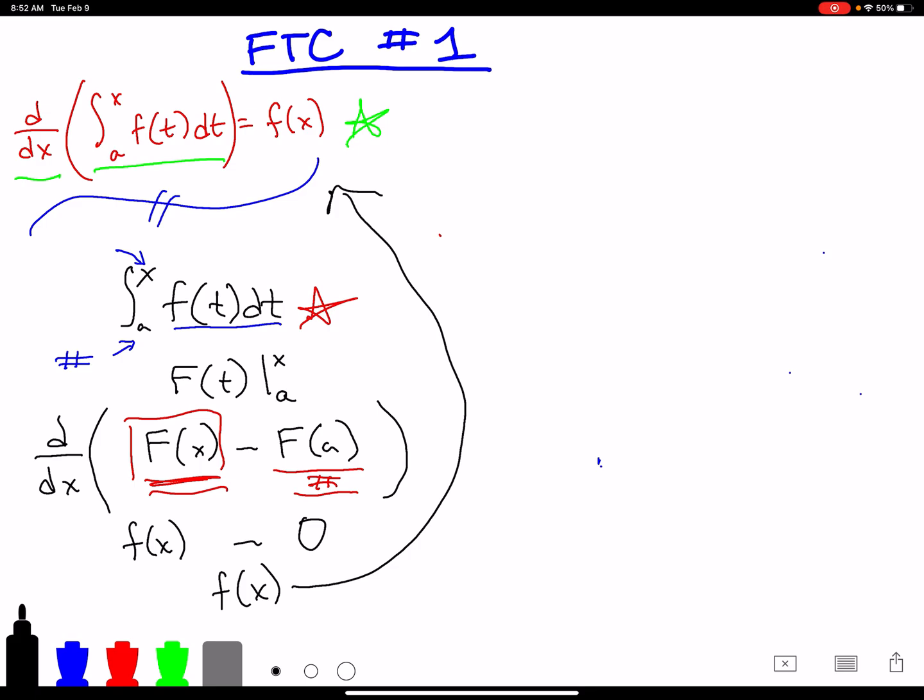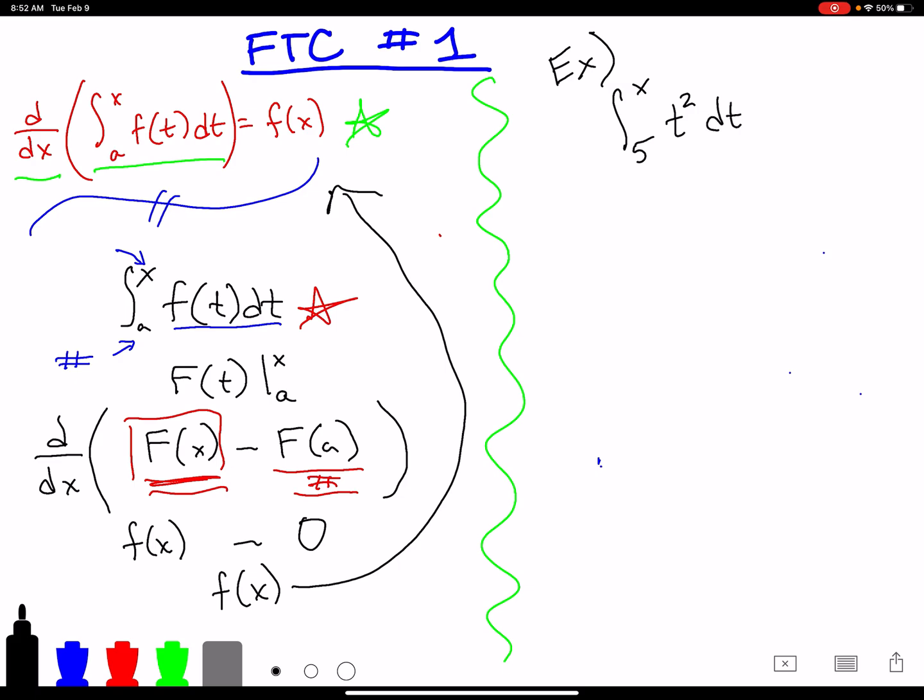All right, let's go through an actual example because right now it's all kind of theorized and it seems a little bit funky. Let's say we have an example of going from 5 to x of t squared dt.